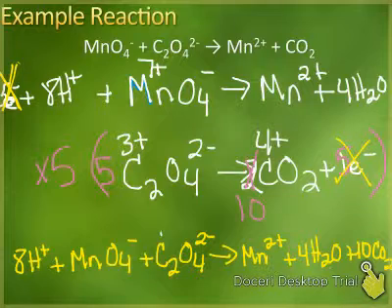Oh yeah, did I forget the coefficient? Sorry. The pink was hiding from me. Did I forget one anywhere else? Yes. And at this step, it should be a balanced redox reaction.